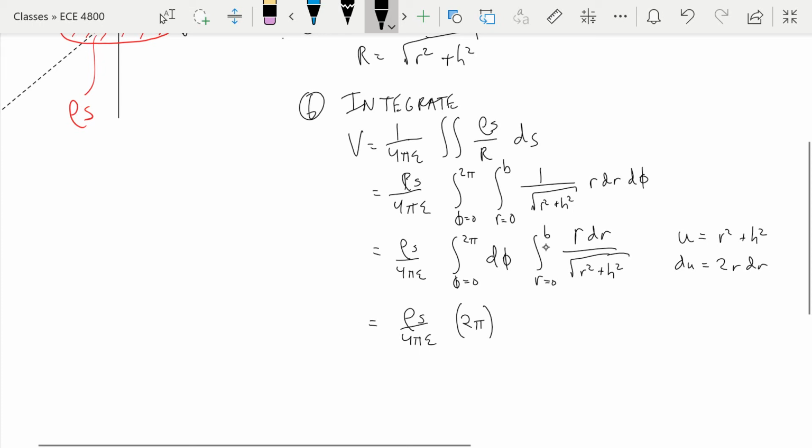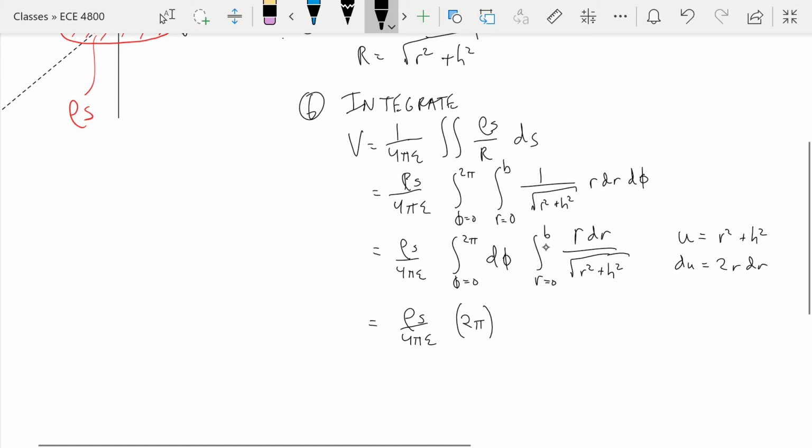Now you could look this up in an integral table too, but I'm just reminding you from calculus, you see this r squared plus h squared on the bottom, and then on the top you see that r is a form of the derivative of what's on the bottom of the fraction there.